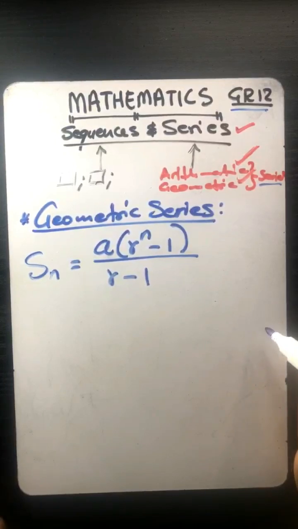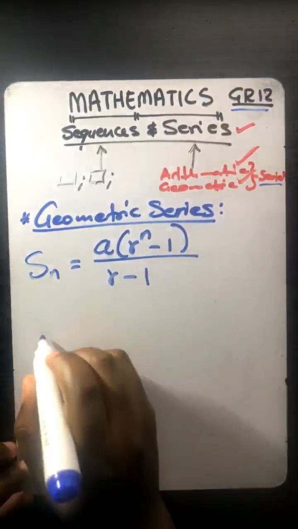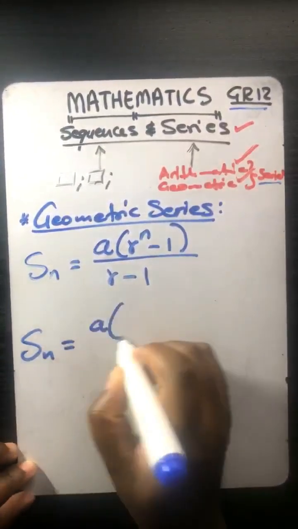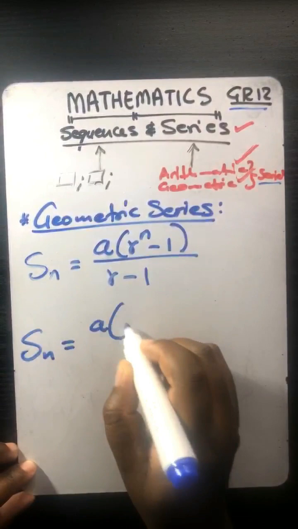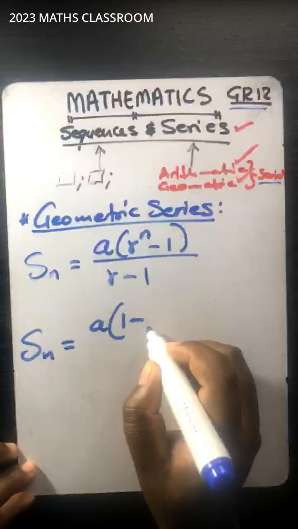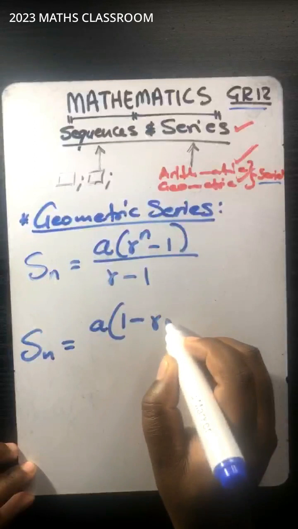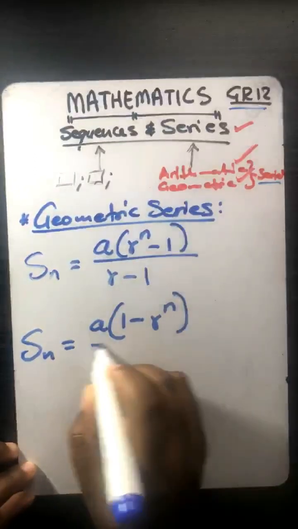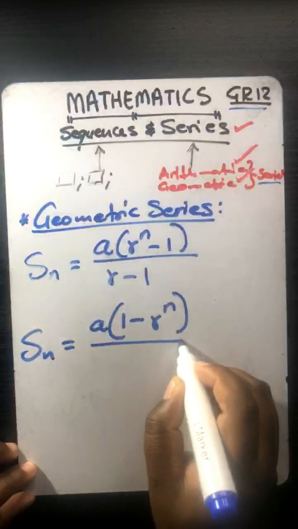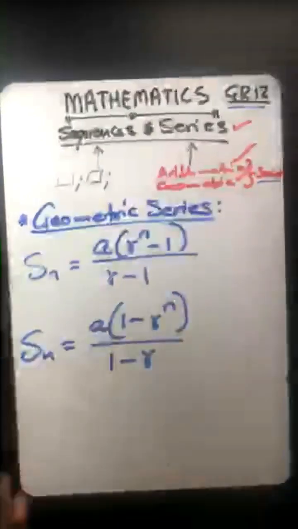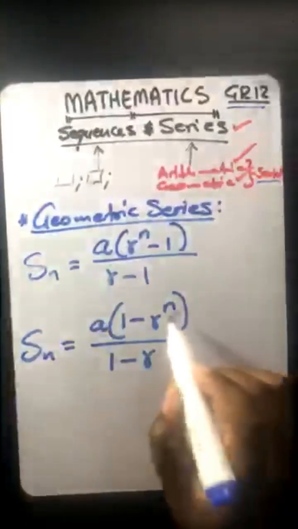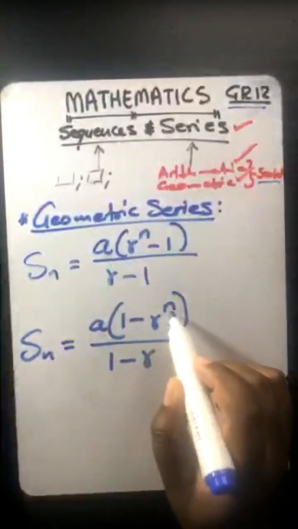We also have another formula for geometric series, which looks like this: a into 1 minus r to the exponent n, close, over 1 minus r. I notice on my notes here, I'm having r to the exponent of 2.